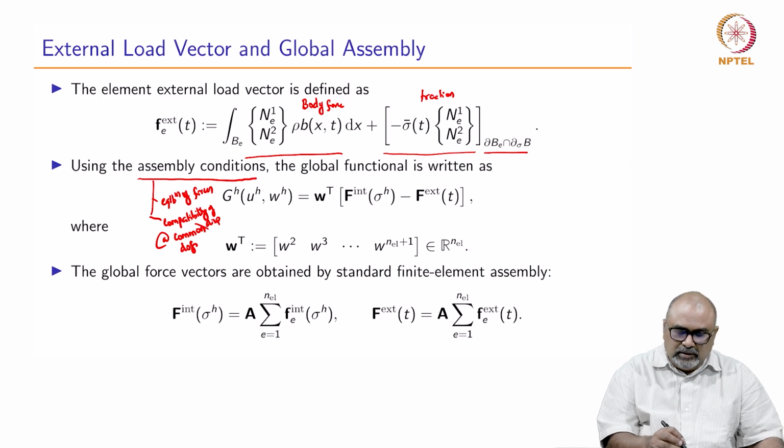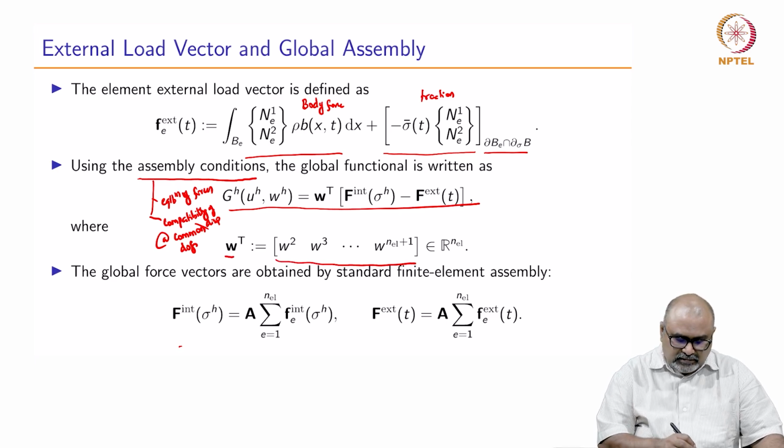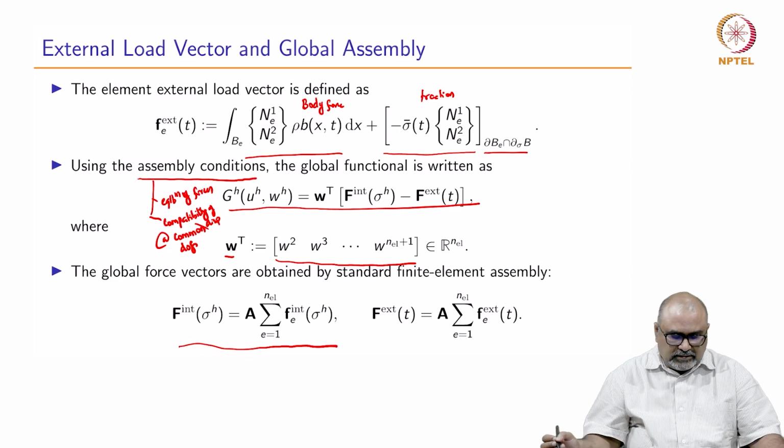We can assemble the individual element equations to get the global functional written as W transpose F internal minus F external, where W transpose is a vector of all the nodal displacements, and F internal is obtained by assembling all the internal forces, denoted by A times summation e equal to 1 to n elements F^e internal of sigma^h, and F external is equal to A times summation e equal to 1 to n number of elements F^e external of t.